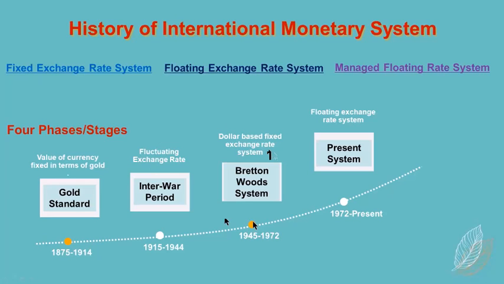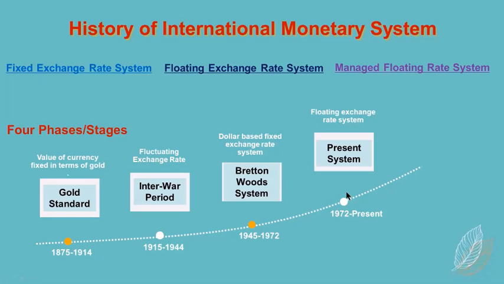Okay, now the next stage. The next stage came with the collapse of the Bretton Woods system in 1971. The Bretton Woods system almost collapsed, and people were finding it very difficult to peg against the dollar. So by 1973, the world moved again to the flexible exchange rate system.